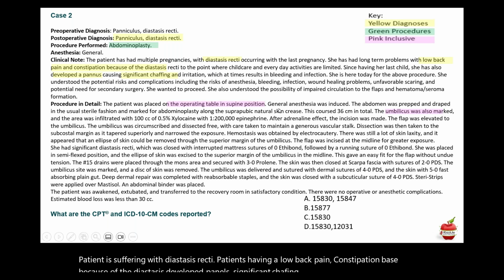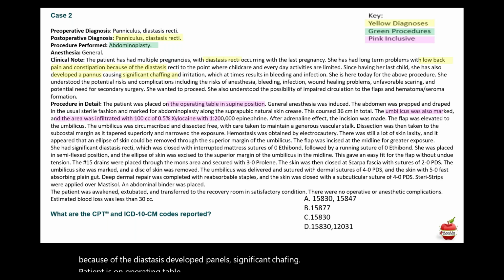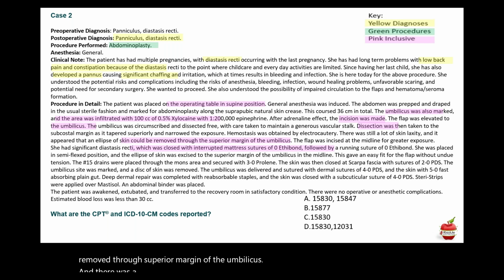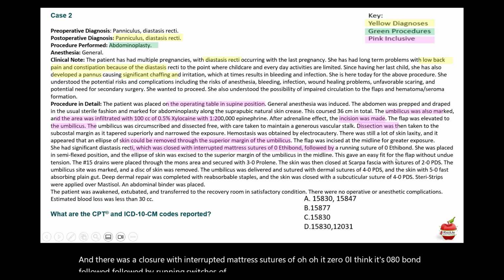The patient is on the operating table, the umbilicus also marked, and the area infiltrated with 100 cc of 0.5 percent xylocaine. The incision was made and the umbilicus dissection was carried out. Skin could be removed through the superior margin of the umbilicus, and there was a closure with interrupted mattress sutures of zero, I think it's zero Ethibond, followed by running sutures of zero Ethibond.